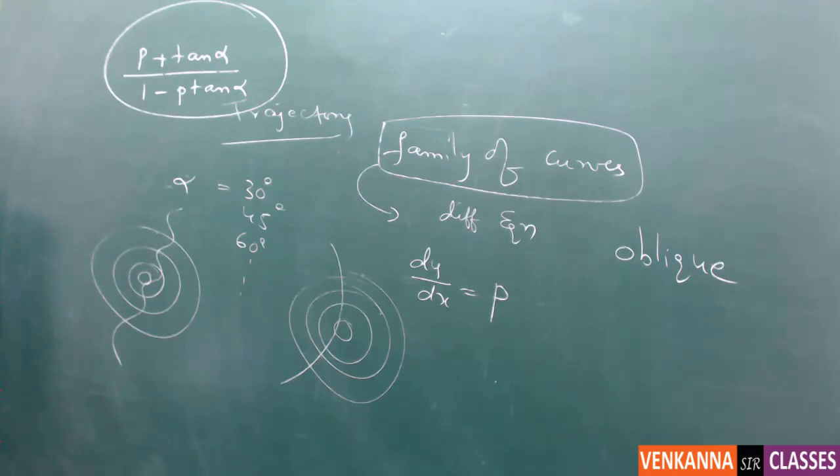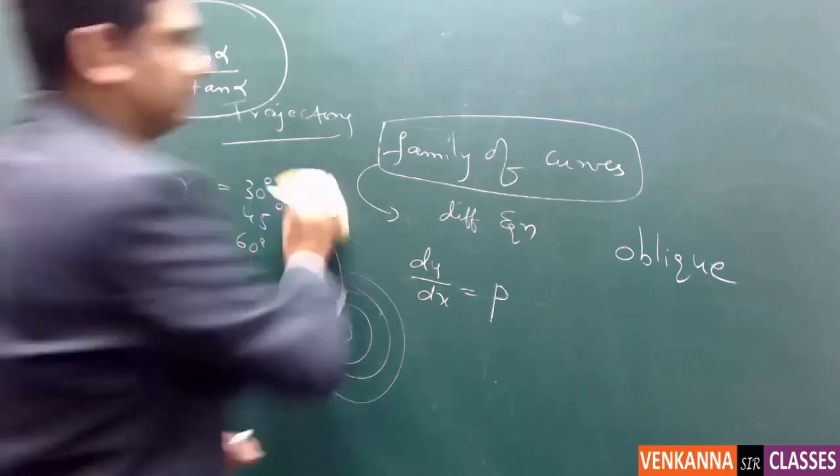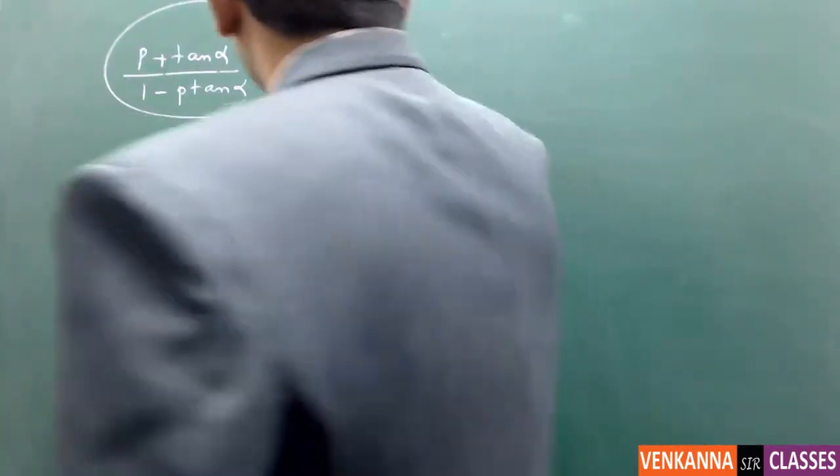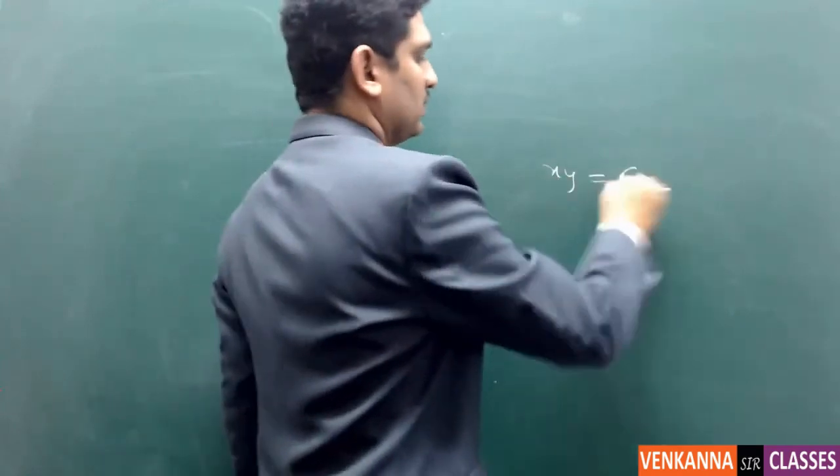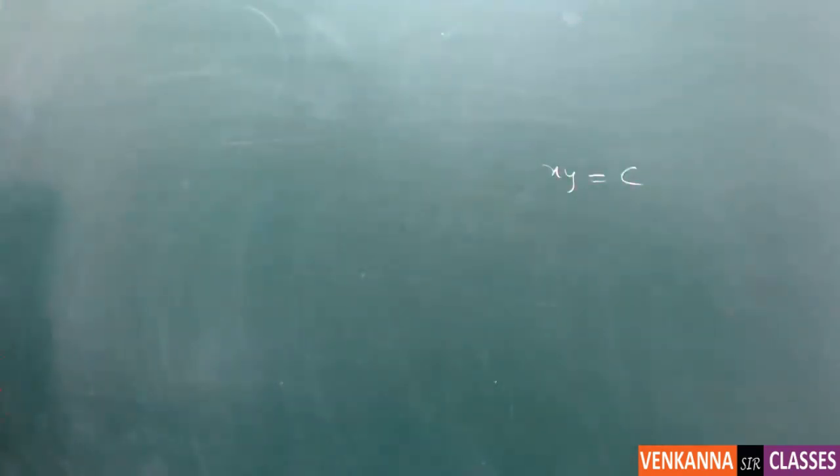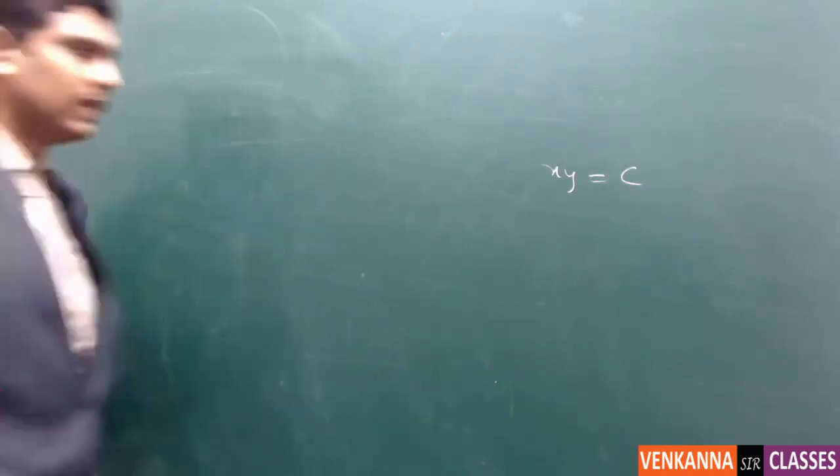Yeah. So please take a note of the problem. Find the oblique trajectory for the family of hyperbolas xy equal to c with the angle pi by 4, where c is parameter.